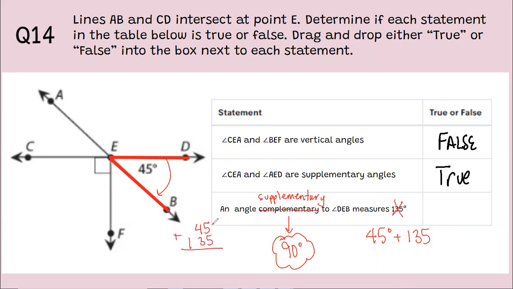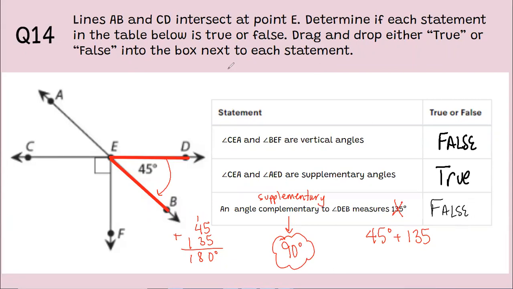Let's just take a second to do that. 5 and 5 is 10, 4 and 3 is 7, plus 1 is 8. So I would have gotten 180 degrees. So what that's telling me is that I would have had supplementary angles. But I'm not being asked, do I have supplementary angles? I'm asking, do I have complementary angles? That answer is no, I do not. So this answer over here is false. Oops, I spelled that wrong. You get the idea.